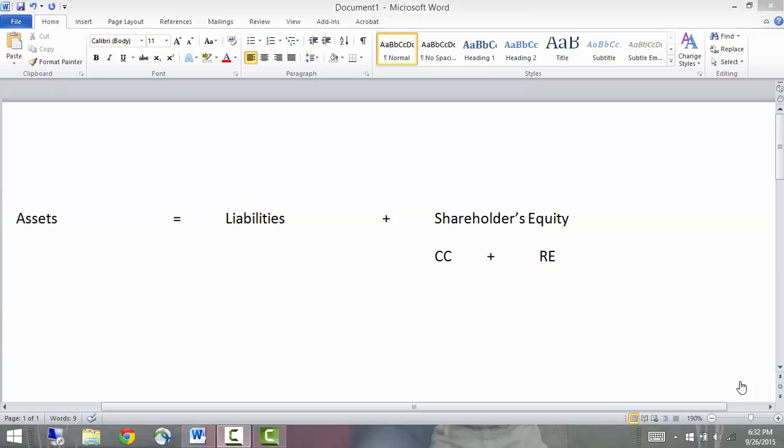With accounts receivable, we apply the matching principle. And we talked about the matching principle in chapter 3. The matching principle says that we want to match the expenses with the revenue that they help generate. We want to put those expenses on the same income statement with the revenue that it helped generate.